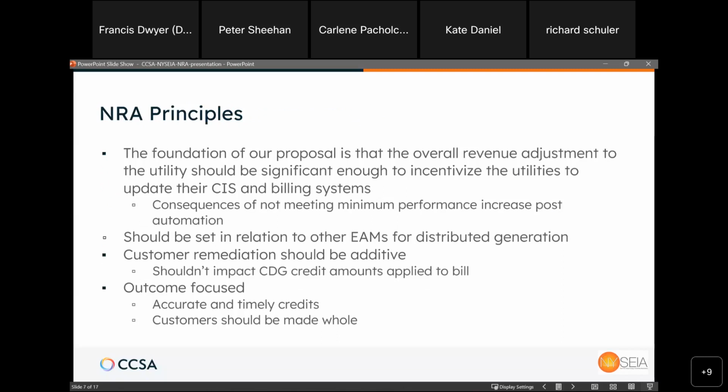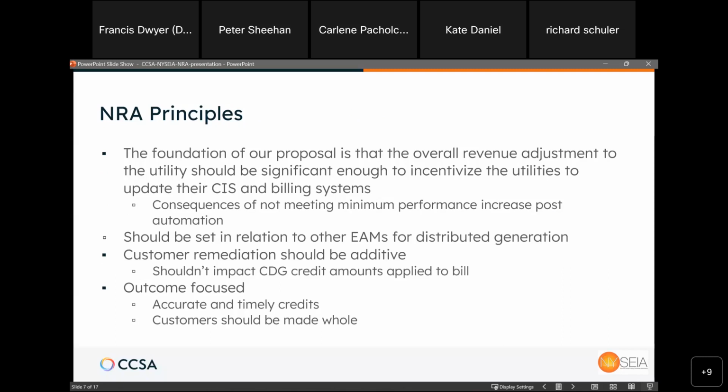Key to our proposal are a few core principles related to how negative revenue adjustments should be used. Foundational is that these revenue adjustments should be significant enough to incentivize utilities to update their customer information systems and billing systems to address the underlying errors.